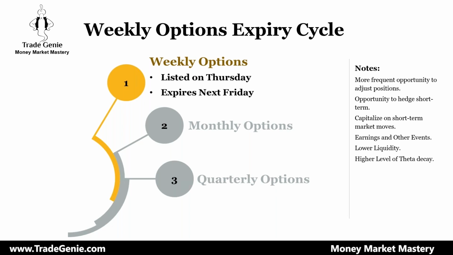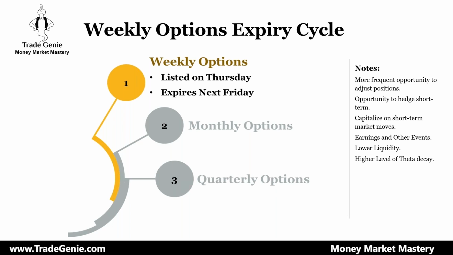This is the strategy: find the stocks which move and have weekly options. So Apple, Baba, Baidu, Google, Amazon, these kinds of stocks. Find the stocks which are moving and create a basket for your portfolio.